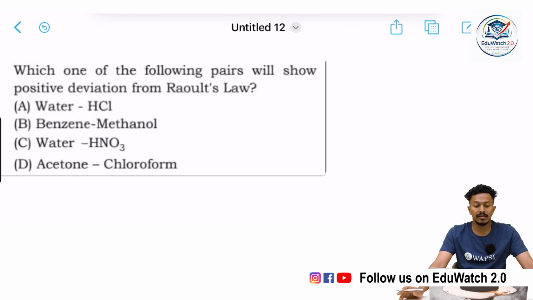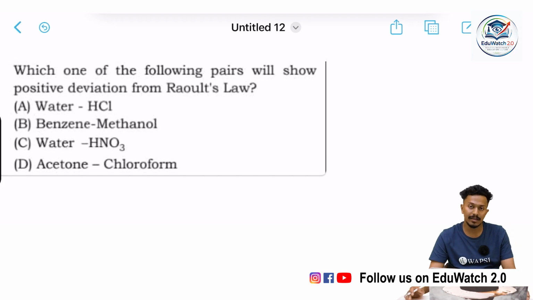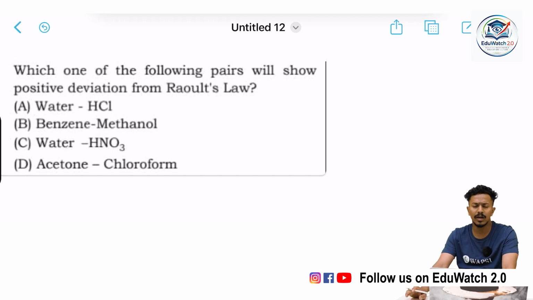For positive deviation, the solute-solute interaction or the solvent-solvent interaction is greater than that of solvent-solute interaction. This is what positive deviation shows in Raoult's law.